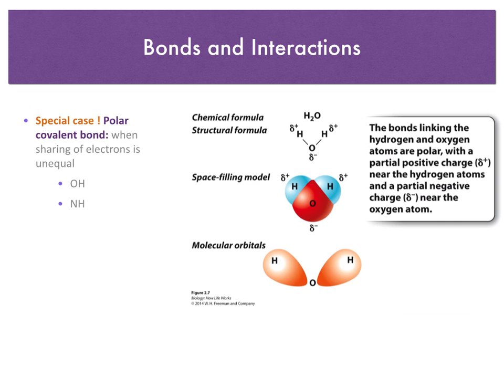Now, you can also have special cases. We have seen previously that atoms don't necessarily all have the same size. You have big atoms and small atoms, and covalent bonds can occur between the same atoms or between different atoms. For example, in the slide here, you can have a covalent bond made between oxygen and hydrogen atoms, like in the molecule of water.